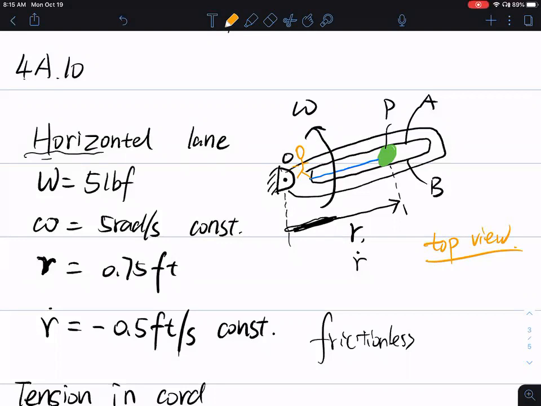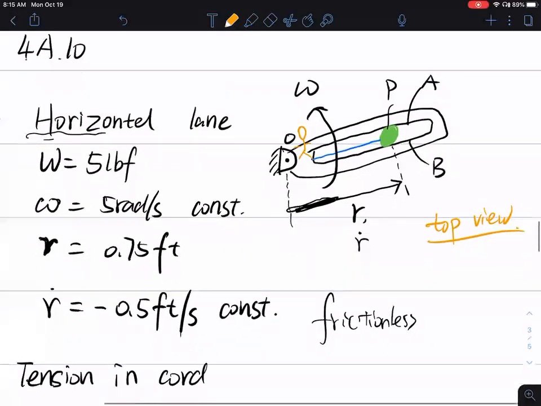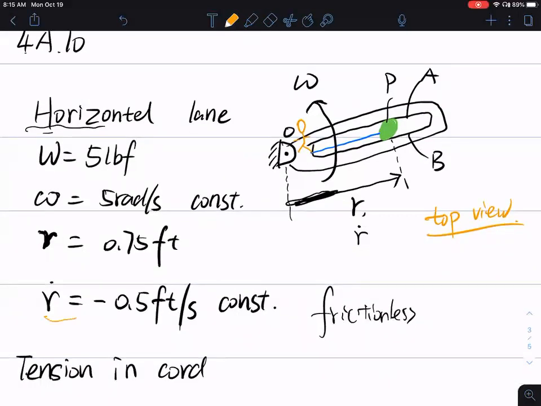Why 0? Yes, R dot is a speed, how fast particle P is moving with respect to your position. R dot is constant. That's why R double dot, which is the acceleration of that particle with respect to your position, should be 0. Let's write it up. R double dot should be 0.